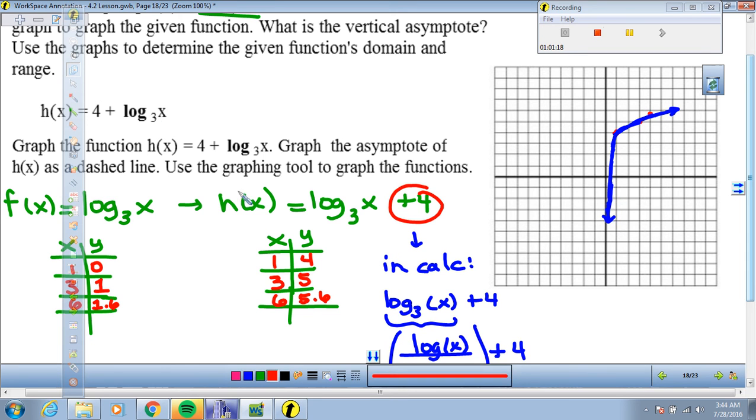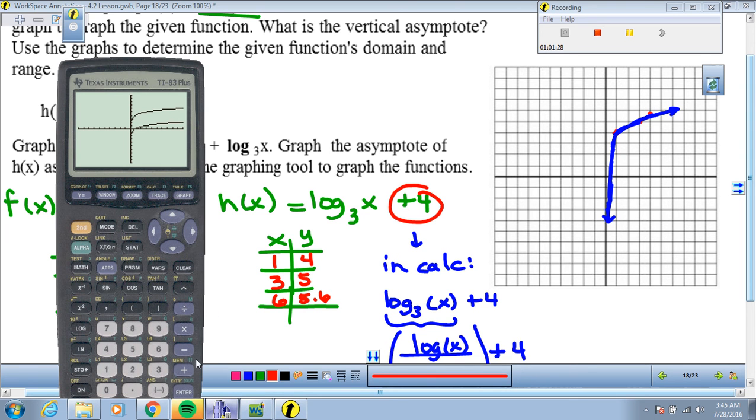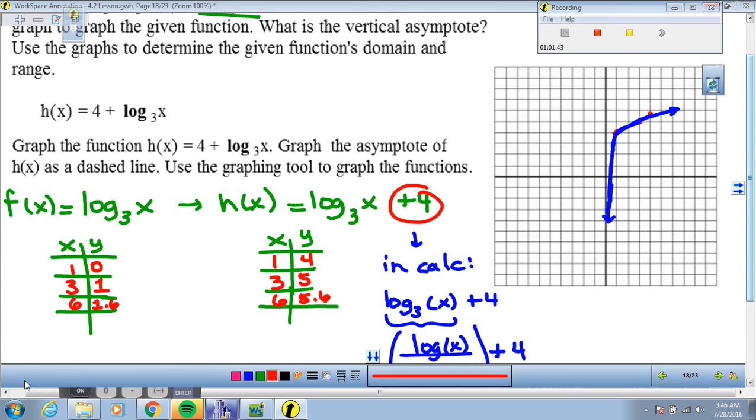So what would be my vertical asymptote here? Let me think about this one. There's something that for some reason I don't like about this one. Let me see. No, it's okay. I was thinking, why is it like this? But all we did is we translated every y 4 units up. Okay.